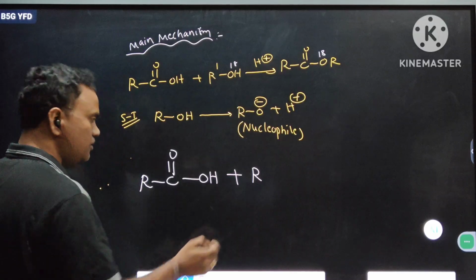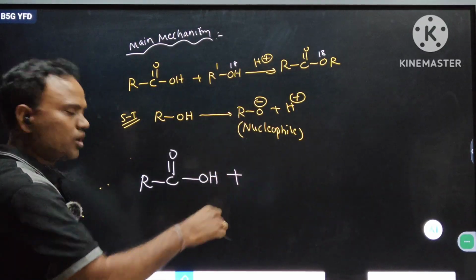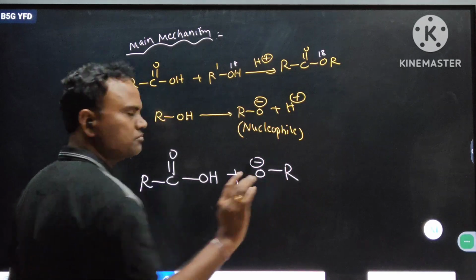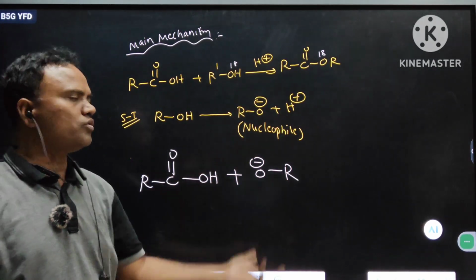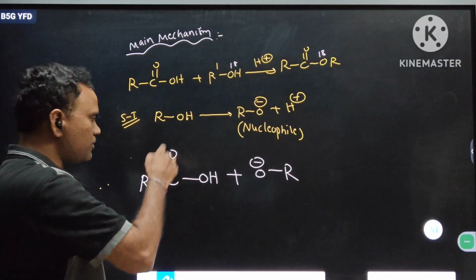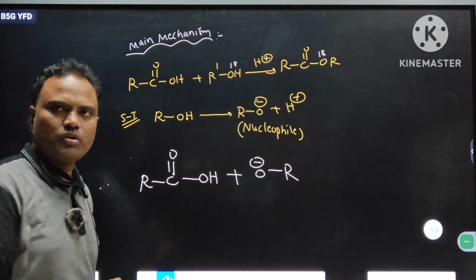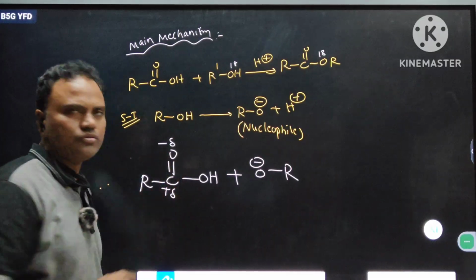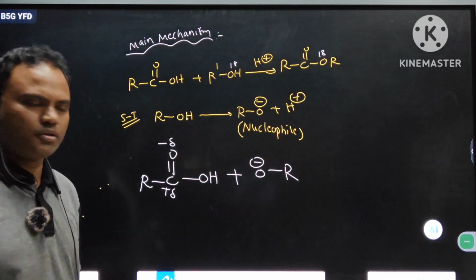Can I write this in the reverse order? RO, OR, both are same only, no? Any mistake in this? See, this is the carbonyl group, C double bond O. Carbon is having positive, oxygen is having negative charge. Remember that.